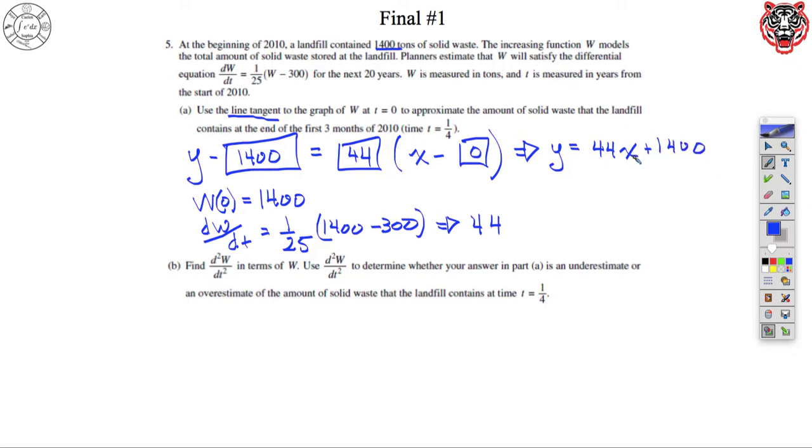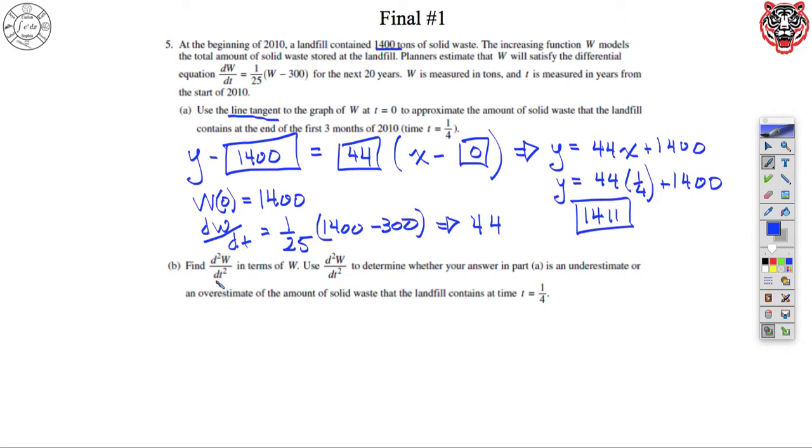And when I plug in t equals 1/4, y is equal to 44 times 1/4 plus 1,400. 1/4 of 44 is 11, so 11 plus 1,400 is 1,411. Cool, and then we needed units, we did not. So we have our equation, that was the hard part, and then using our equation to find 1,411.